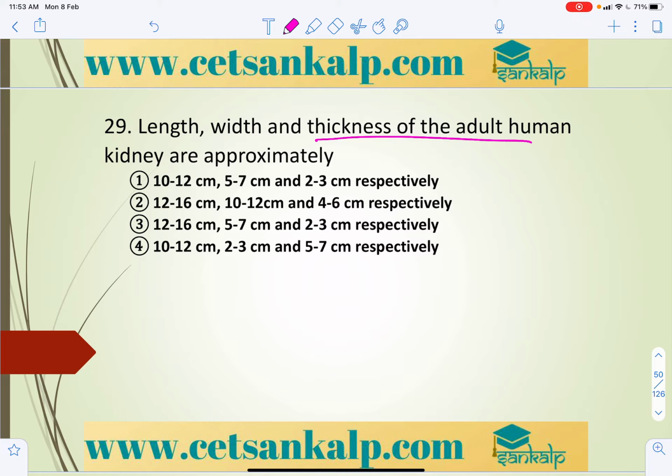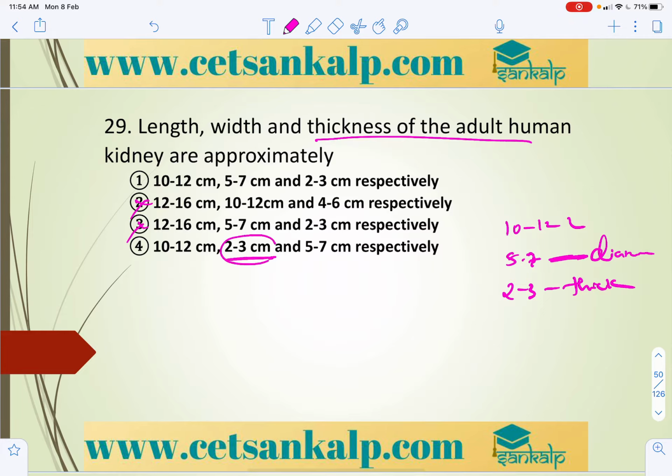It is 10 to 12 centimeter in length, 5 to 7 centimeter in width, and 2 to 3 centimeter in thickness. The other options, like 12 to 16, are wrong, and the diameter is not 2 to 3, that is wrong. So the answer is the first one.